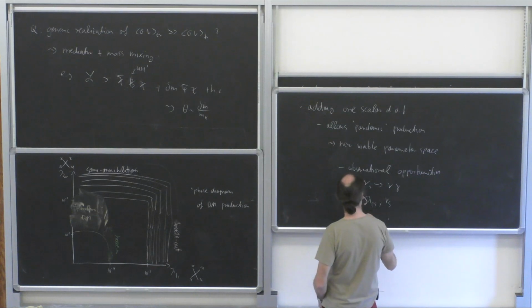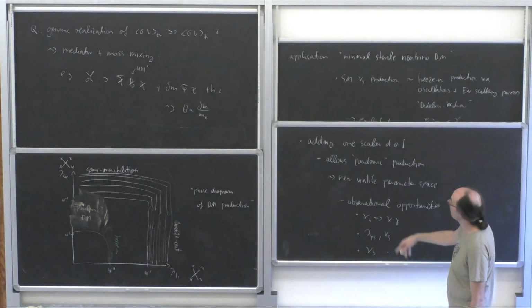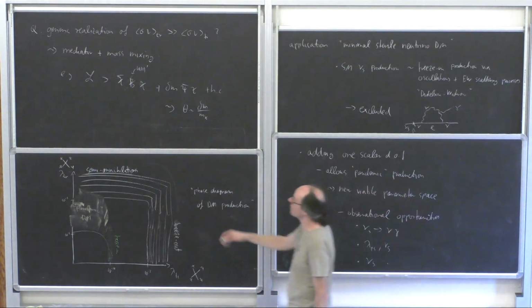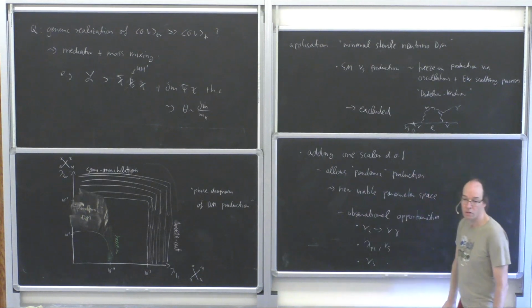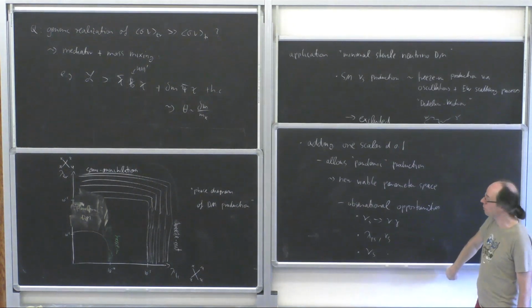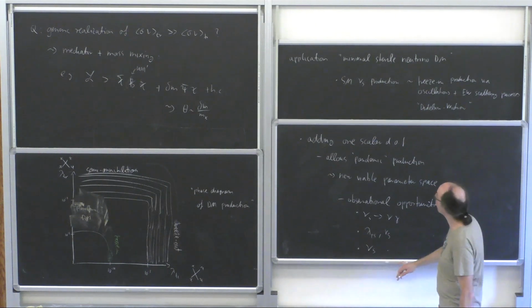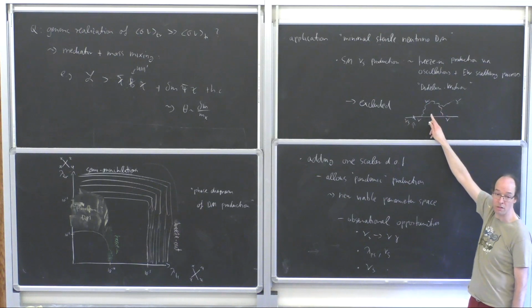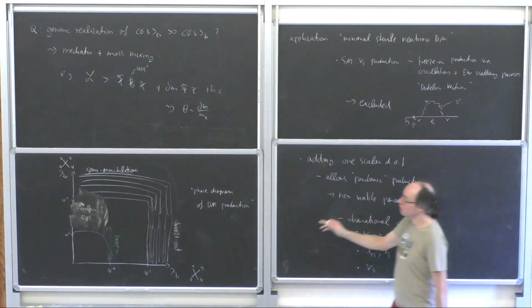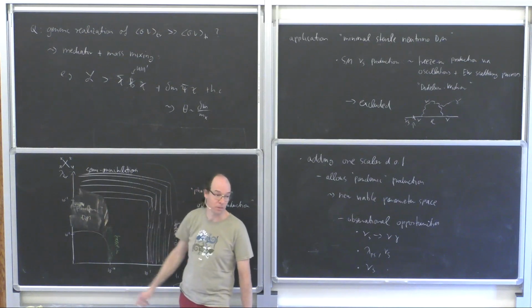But then there's yet another one, and that is since we add a scalar, so a mediator here, that induces dark matter self-interactions. And therefore, the parameter space is actually bounded from below. So if we get to too small mixing angles, then of course we can evade these kind of things. But on the other hand, we still have to make sure that we produce sufficient dark matter.